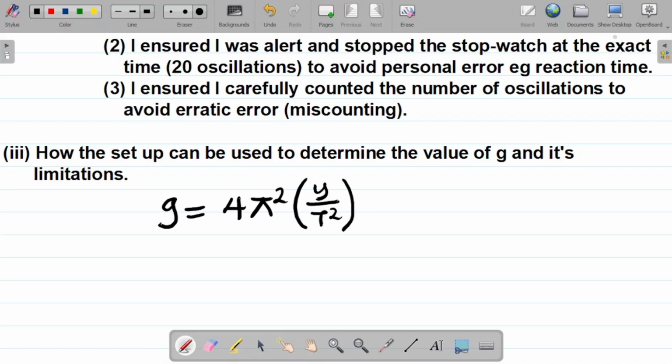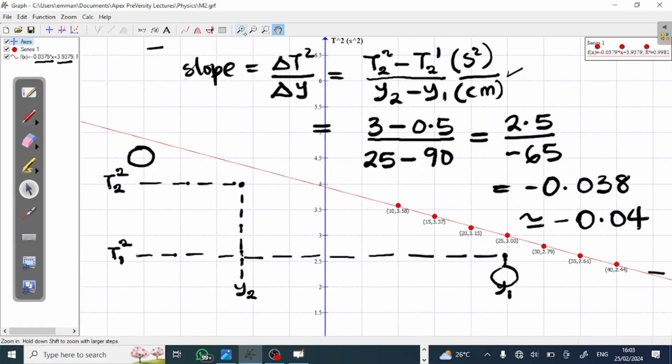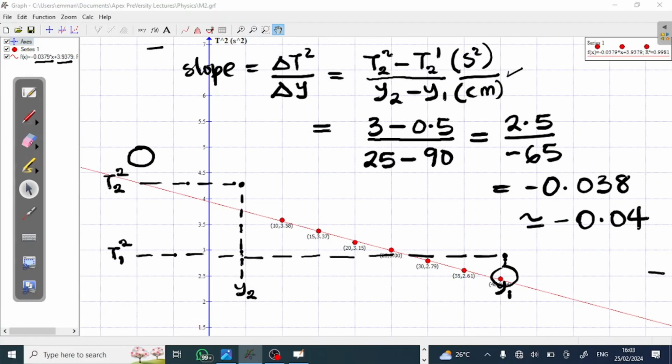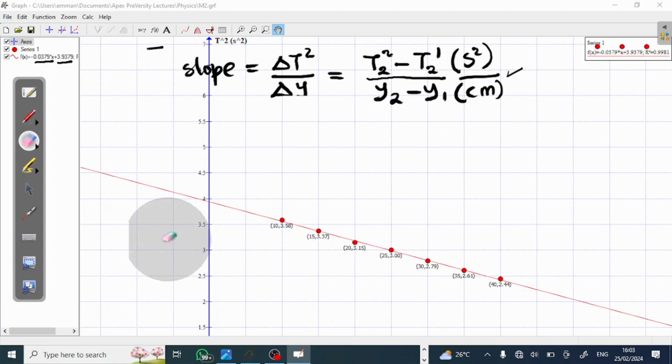But then coming back to my graph, go back to your graph. Let me take this one off so it's clear. All right, observe the slope. Observe that the slope is t squared all over y.